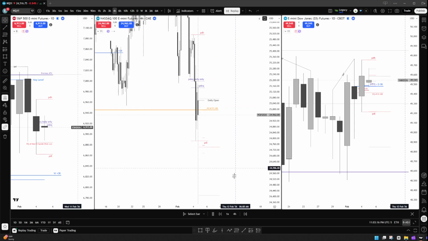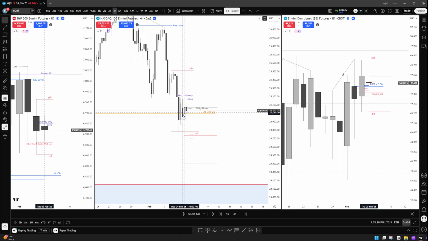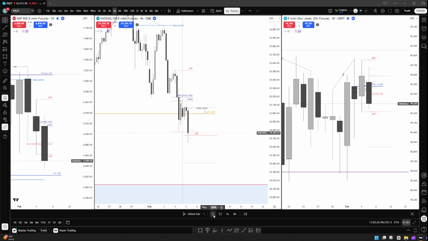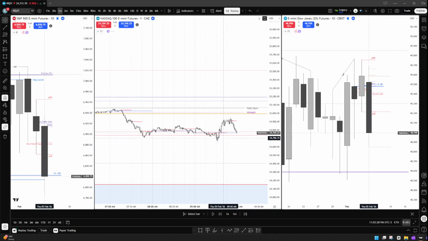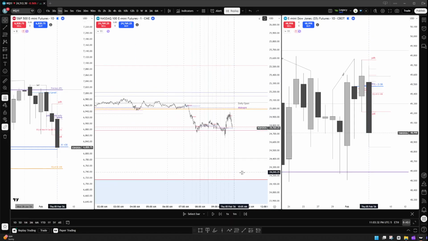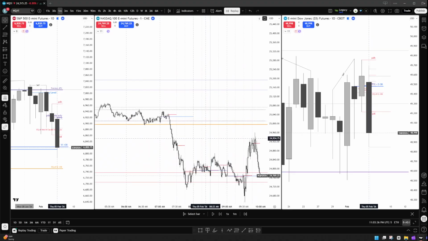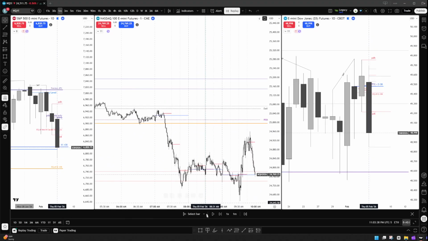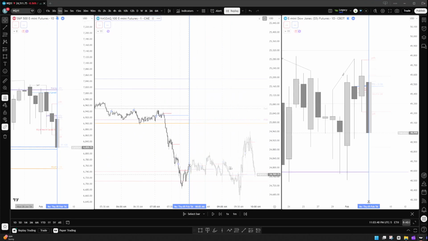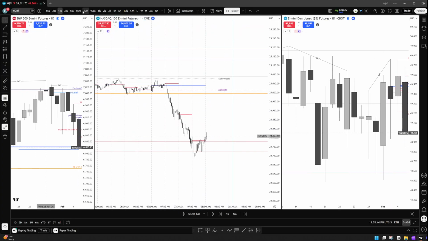Okay, so let's talk about this. So previous day low gets taken. Oh man, I went too much. Or did I? Yeah, I did. Hold on. Okay, so this is where we're at coming into market open.